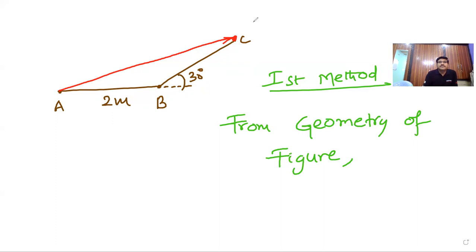Now observe here. Suppose I extend this line B with dotted lines like this, and drop a perpendicular from C to these dotted lines. Let us say this perpendicular from C to the dotted line is D. Okay.